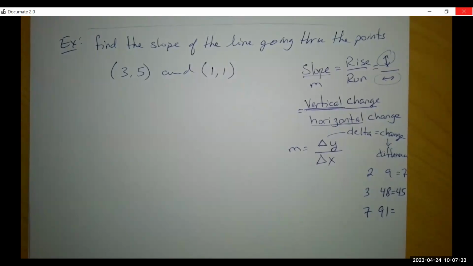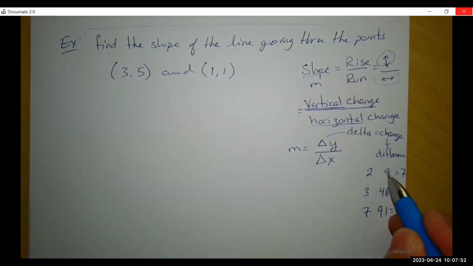I don't want you to count like you did here: 3, 4, 5, 6, 7, 8, 9. No, there's a formula we talk about. How do you know how many numbers between 2 and 9, 3 and 48? Subtract them. We take 9 minus 2, you get 7. If you take 48 minus 3, you get 45.